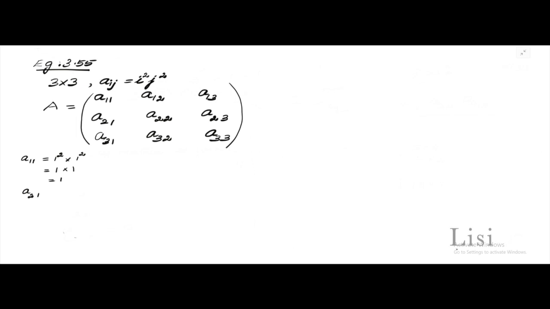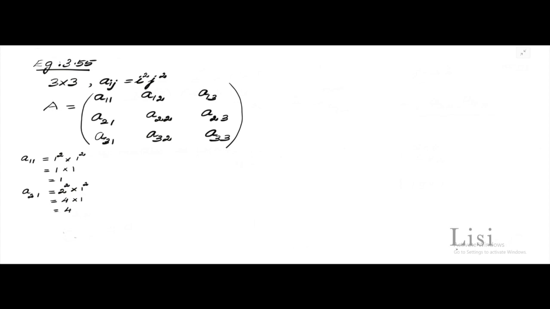And next, A21 is equal to, here i is 2, so 2 square, into j is 1, so 1 square. Here 2 2s are 4 into 1, which is equal to 4.